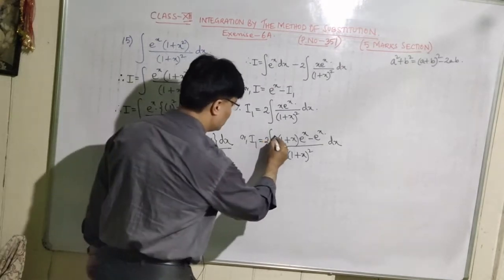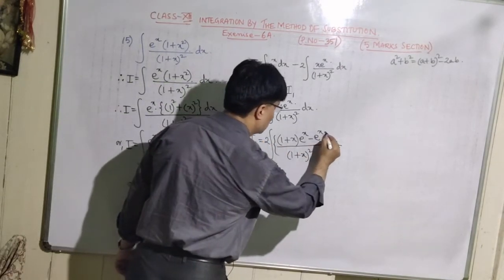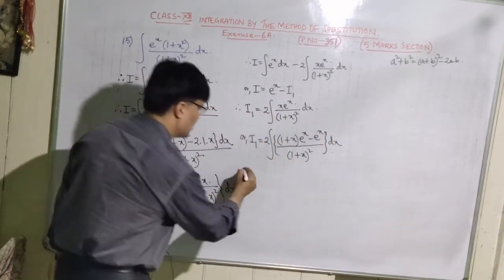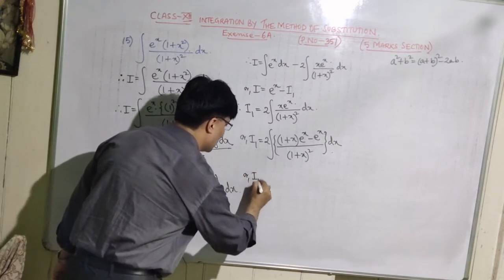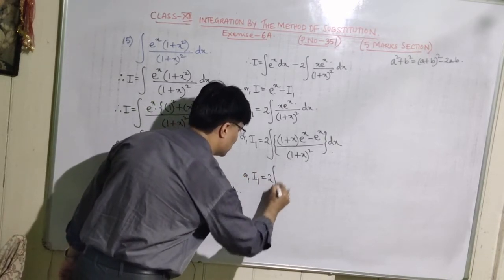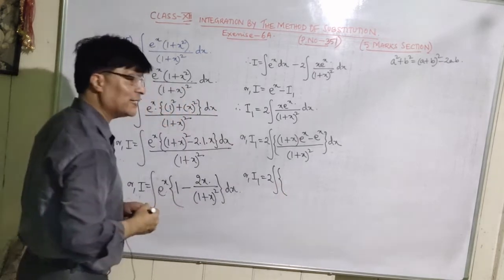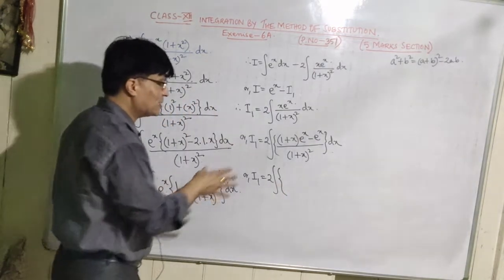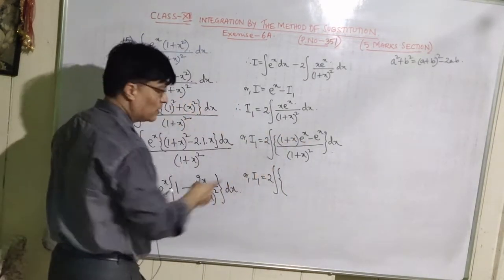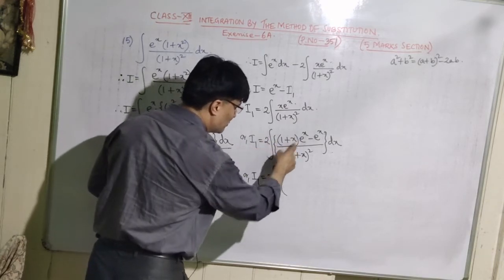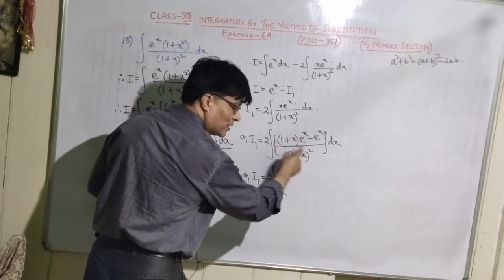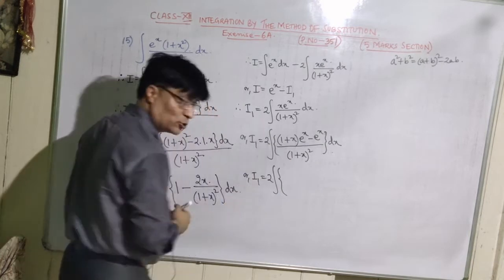Okay. So now let us keep this fraction within second bracket, or I1 is equal to 2 integration of within second bracket. Now let us separate this fraction. What is (1 plus x) into e to the power x divided by (1 plus x) whole square? You can cancel this 1 plus x and square.